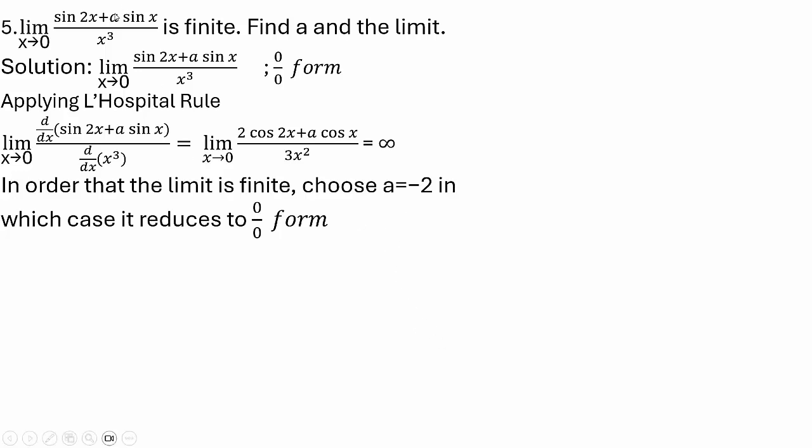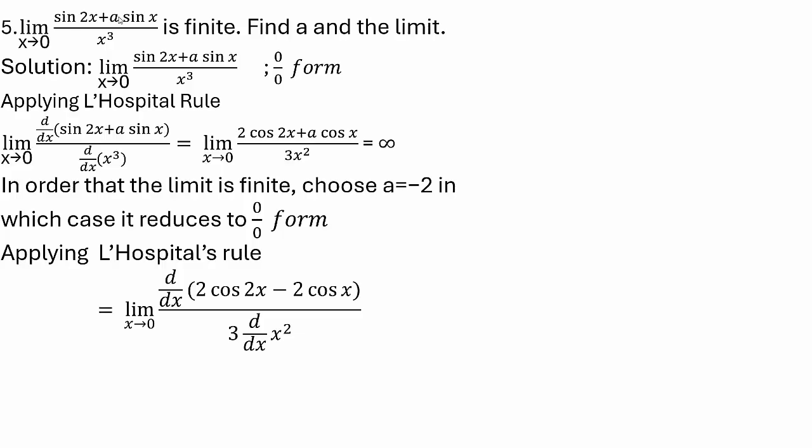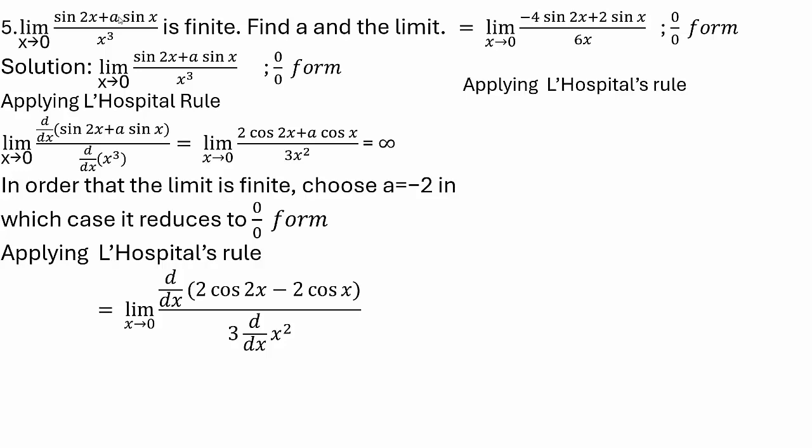If we take a equal to minus 2, it will be 0 by 0 form, and applying L'Hospital rule, we will get limit x tends to 0 of d by dx of (2 cos 2x − 2 cos x) divided by 3 into d by dx of x², which is limit x tends to 0 of (−4 sin 2x + 2 sin x) divided by 6x, which is again 0 by 0 form, that is indeterminate form.